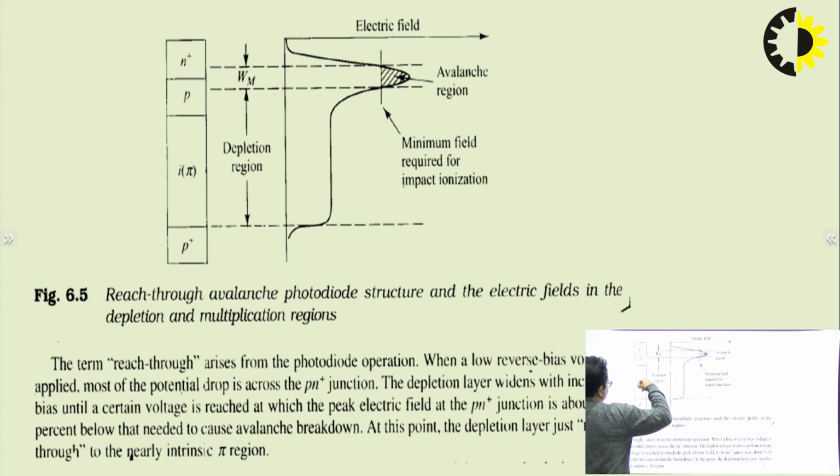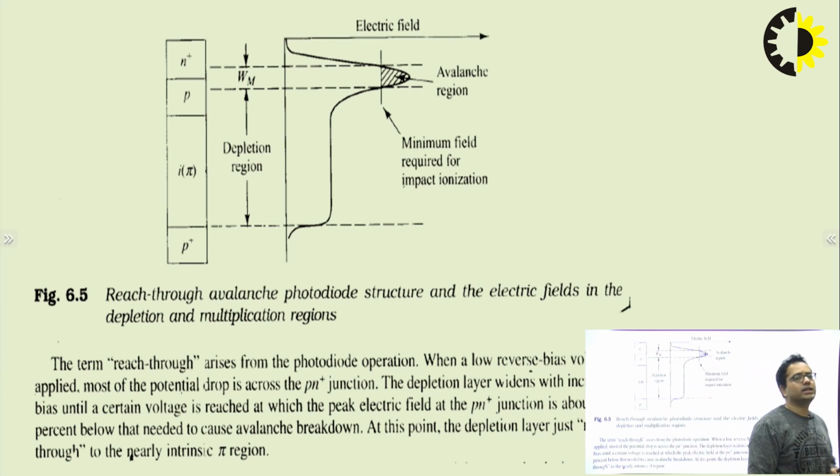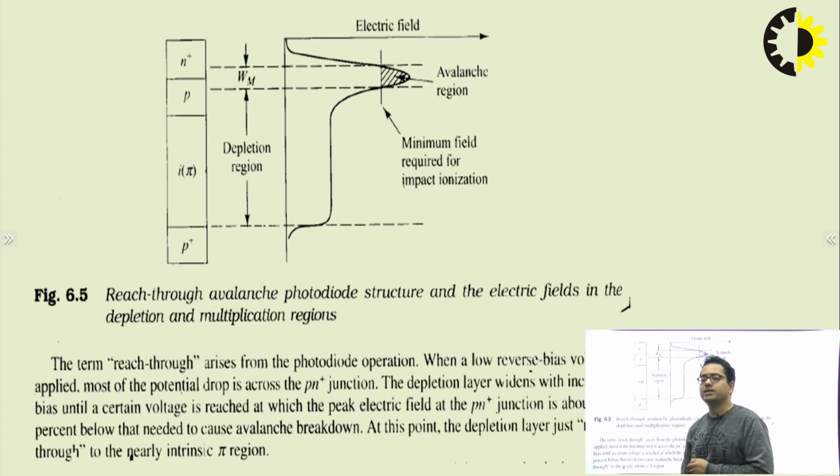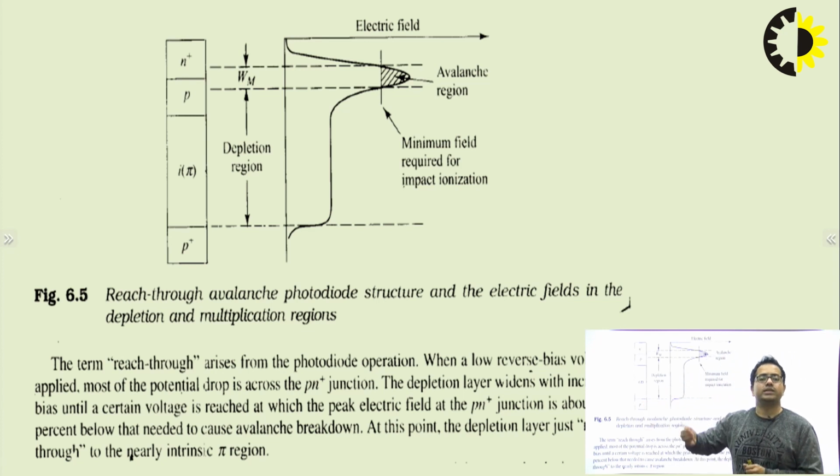With the help of this block, we are showing the variation of electric field as one moves from the highly doped region towards the intrinsic region and then towards the extreme p plus region. The n plus and p plus indicate that these two regions are very highly doped.